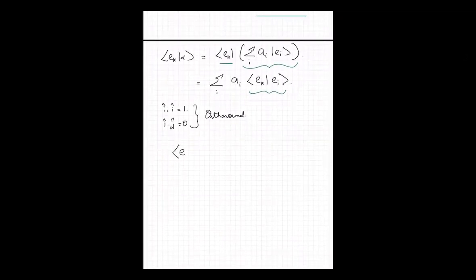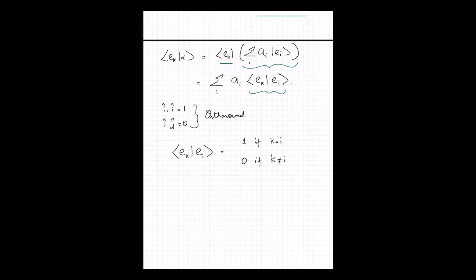If I take the dot product of two basis vectors ek and ei, if k is the same as i, this has to be 1, and 0 if k is not equal to i. Again, that is exactly what I have in the step above.